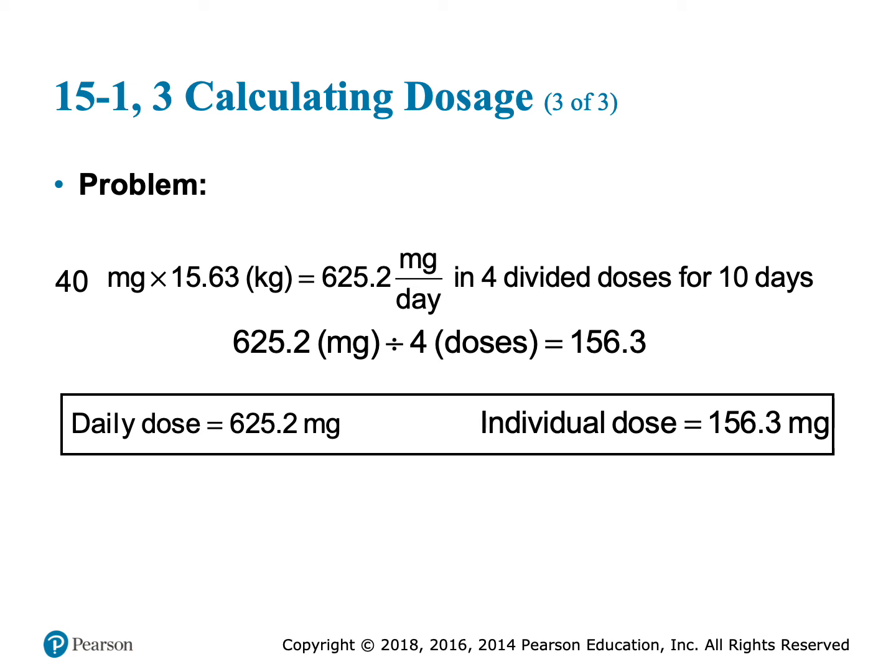If we convert that from milligrams to grams, we move our decimal point 3 jumps to the left, which gives us 0.6252 grams. That is definitely less than 2 grams. It's less than 1 gram, so we would be good there as well.